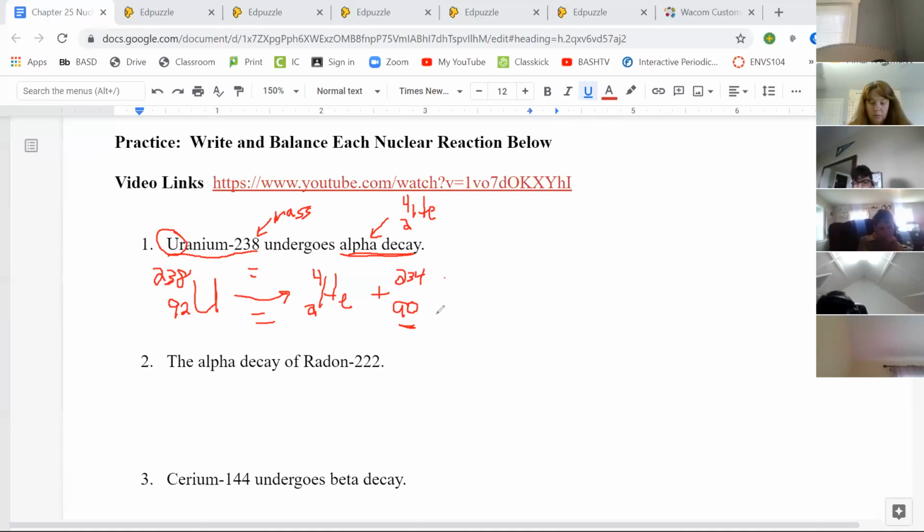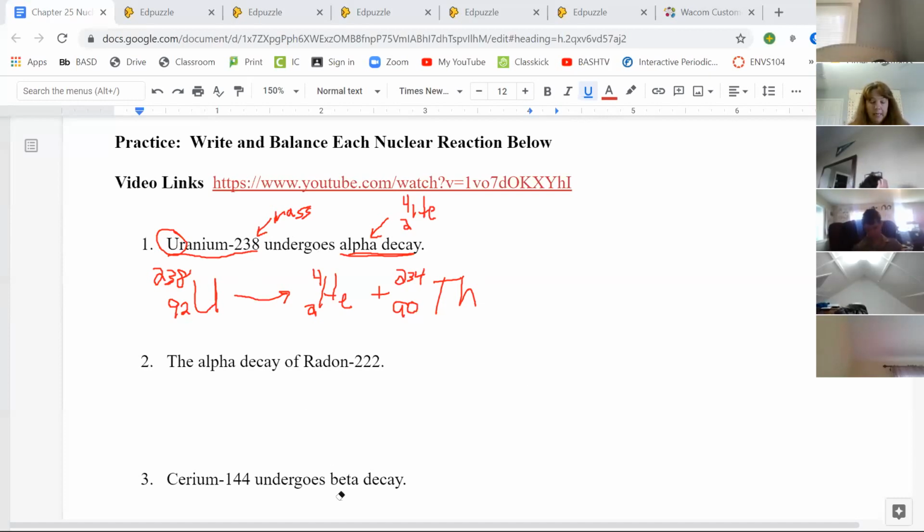So we're going to write thorium here. And that is the full alpha decay equation. Those equal signs don't have to be there. I just put them in. That is your full alpha decay equation for uranium-238.